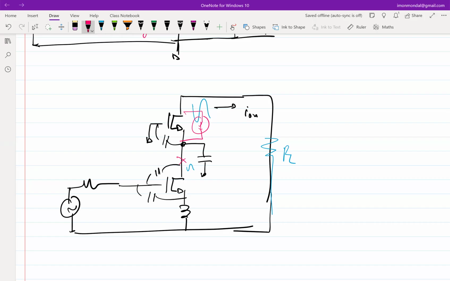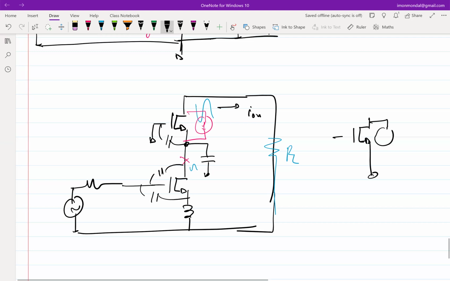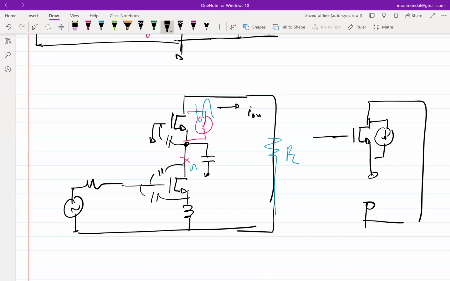So now consider this cascode in isolation, and let's say I neglect the channel length modulation of the bottom transistor, which you cannot neglect in principle, but let's say we neglect. So this is the parasitic capacitance and CGS, CGS.